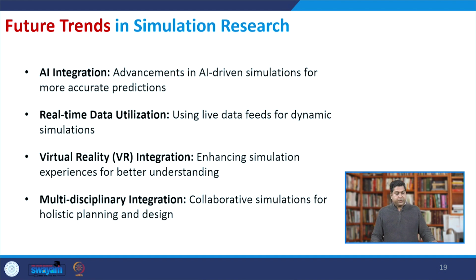Coming to the future trends in simulation research, yes, integrating artificial intelligence into simulation can make a jump in advancement: AI-driven simulation for more accurate prediction. But again, for those cases, you have to train your model.